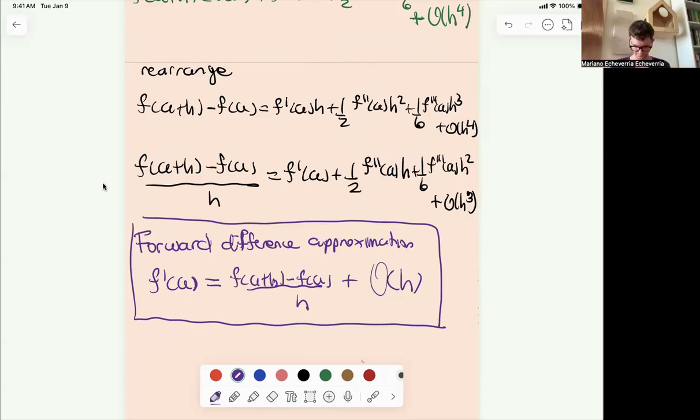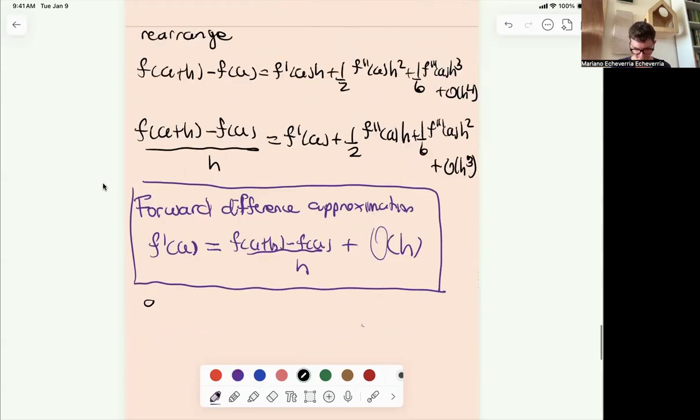So as an example, if a is 0 and f of x is cosine of x, according to this approximation scheme, and let's say that h is 0.001.